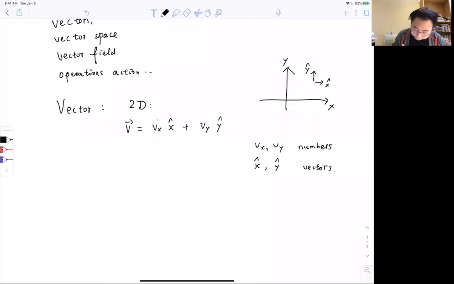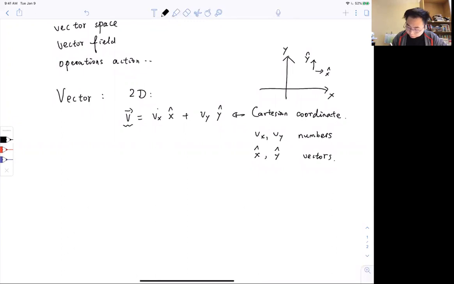And of course, for the same vector, if we write it in different coordinates, the components will be different, right? So for example, in 2 dimensions, we can write it in the Cartesian coordinates, like what we did here, or we can write it within the polar coordinates, for example, using the basis of e_r and e_theta.